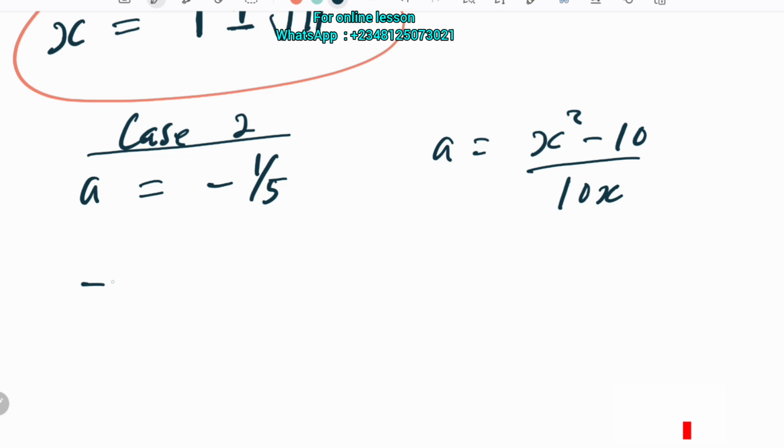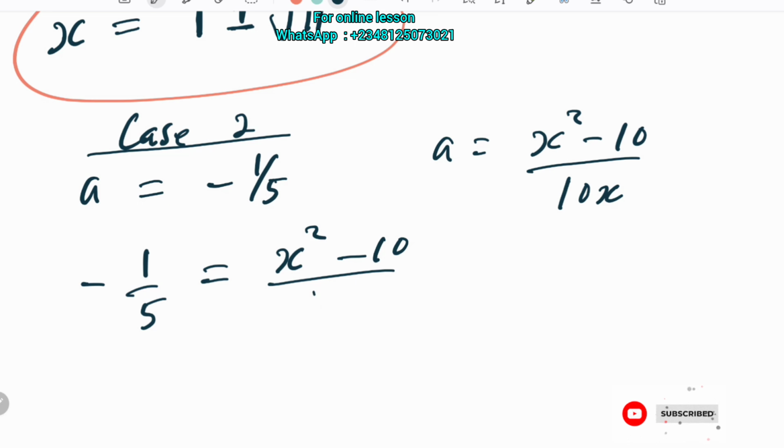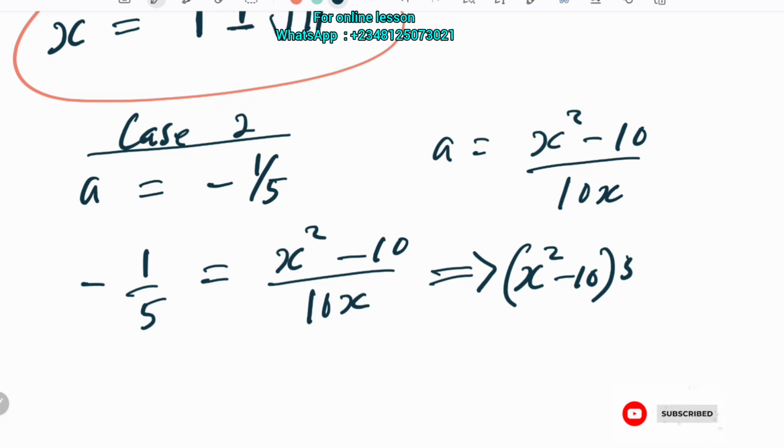We're having negative 1 over 5 equal to x squared minus 10 all over 10x. So therefore we cross multiply. When you cross multiply, it will imply that x squared minus 10, multiplied by 5, equal to negative 10x. So the same thing, divide both sides by 5.